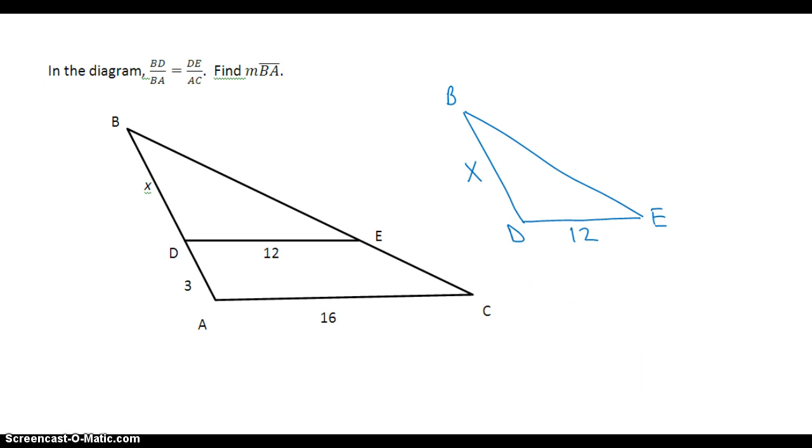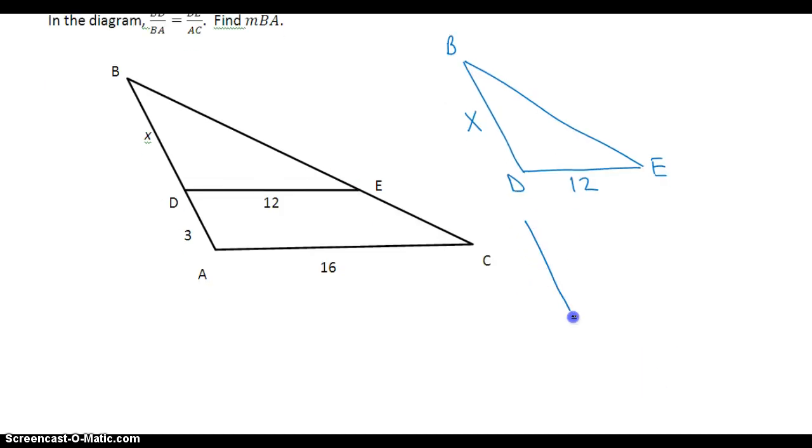I also have a larger triangle, BAC. AC has a length of 16, and BA has a length of X and 3. So I want to make sure I write BA as X plus 3.